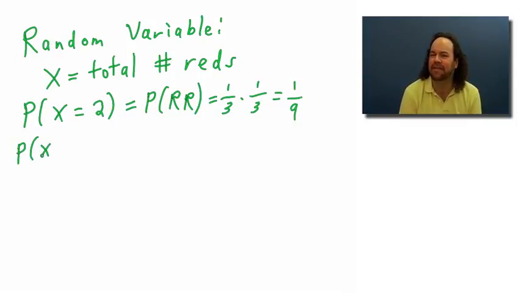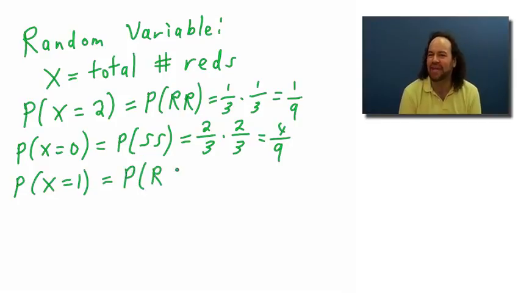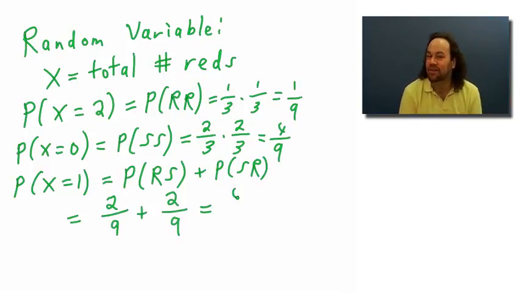And the probability that x equals 0, let's say, is the probability that we got silver and then silver, which is 2/3 times 2/3, or 4/9. The probability that x equals 1 is the probability that we got exactly 1 red in the 2 flips. Well, that's the probability of either red and then silver, or silver and then red. So that probability is equal to 2/9 plus 2/9, which is equal to 4/9.